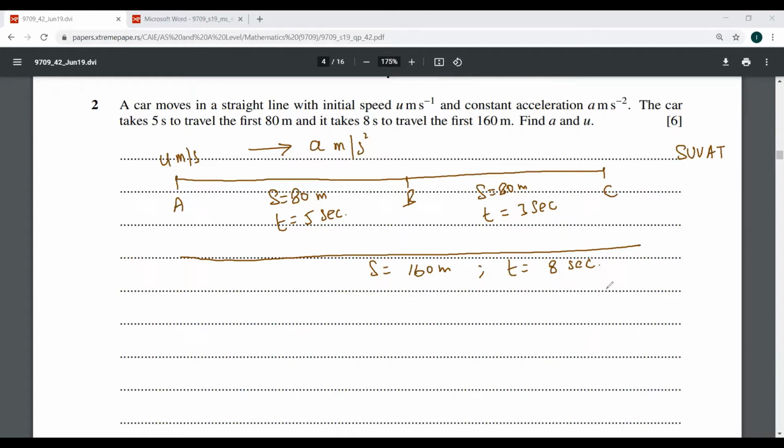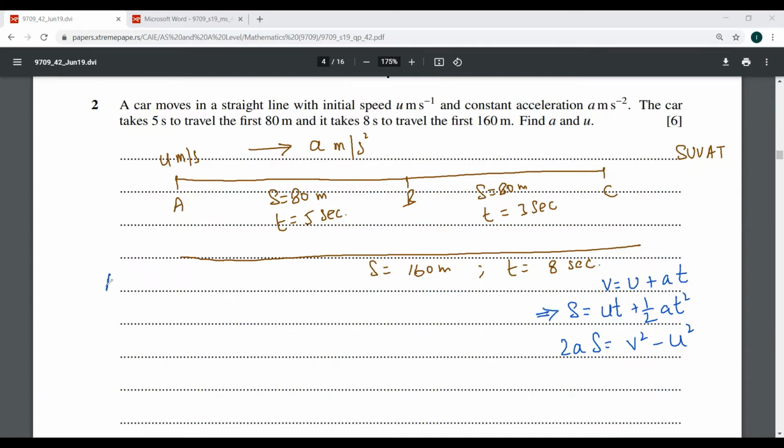So the equations that we have, one is v equals u plus at. The other one is s equals ut plus half at square. And then you have 2as equals v square minus u square. So we have to see which equation fits in here. From this first information, I think I can use this equation here.